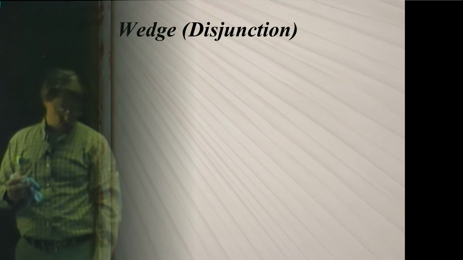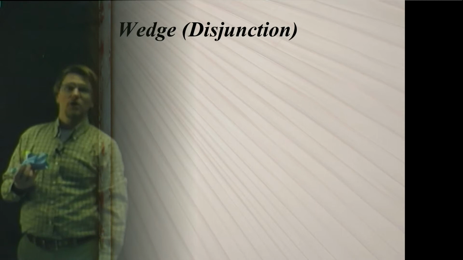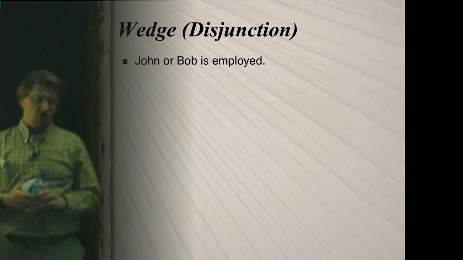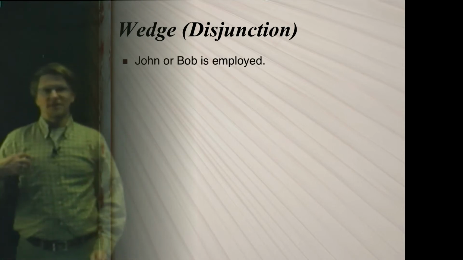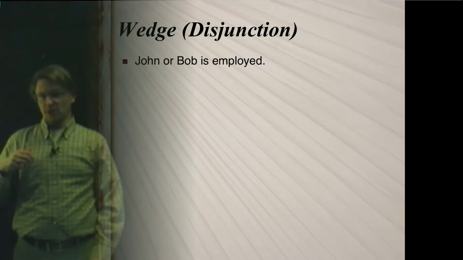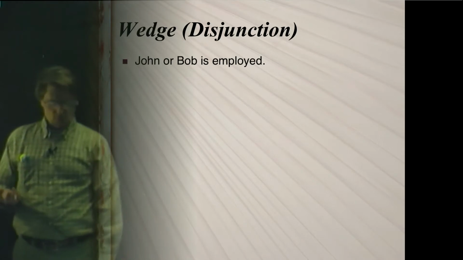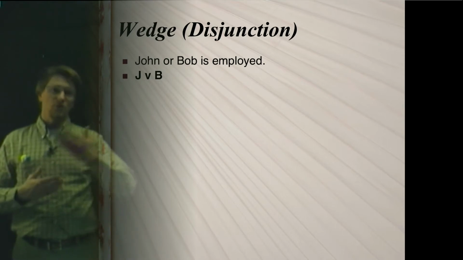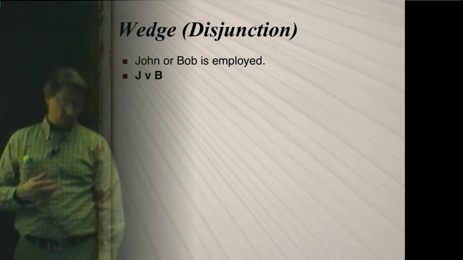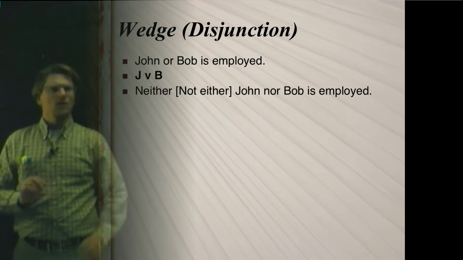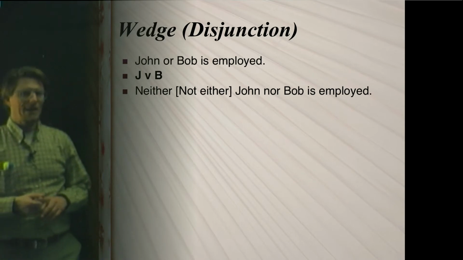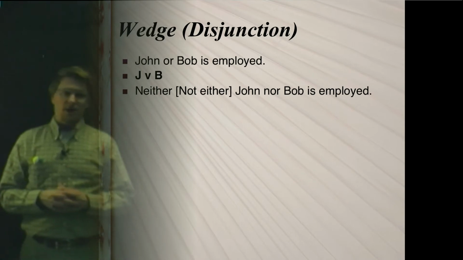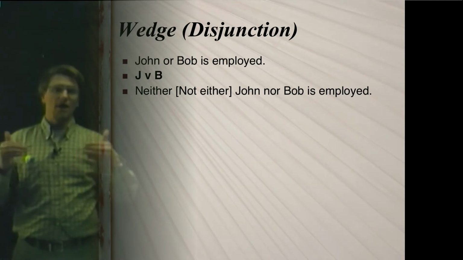All right, so the wedge, of course, is either or, so we call these disjunctions as opposed to conjunctions. And so we might take the statement John or Bob is employed, right? And that's fairly simple. We're going to have J wedge B as our translation. John is employed or Bob is employed. Now, we can say as well, neither John nor Bob is employed. Neither meaning not either.